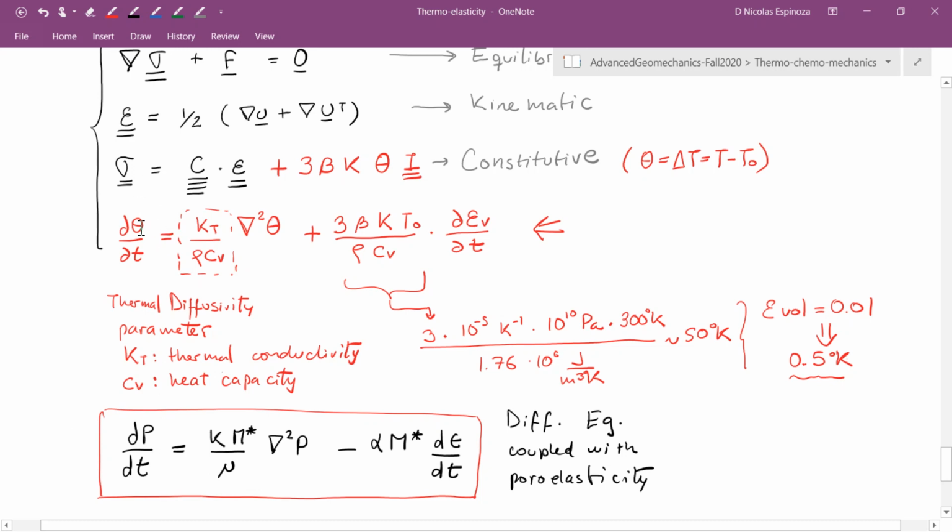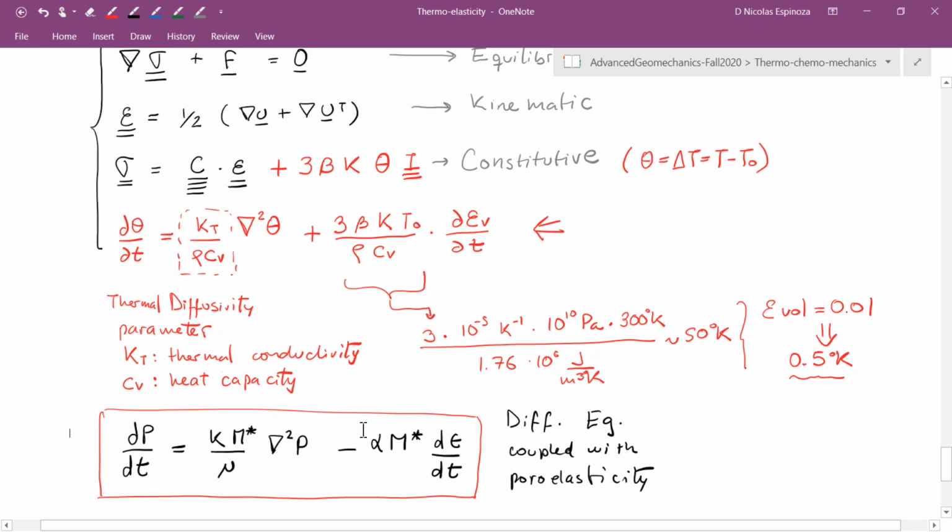In the heat diffusivity equation, we have temperature as a variable that we want to solve. And in the poroelastic equation for pore pressure, we have pore pressure as a variable that we want to solve. Also, we have diffusivity parameters. This one is a hydraulic diffusivity parameter, while this one is a thermal diffusivity parameter. We have the gradients as a function of space.